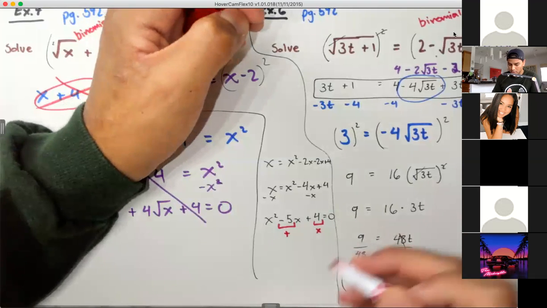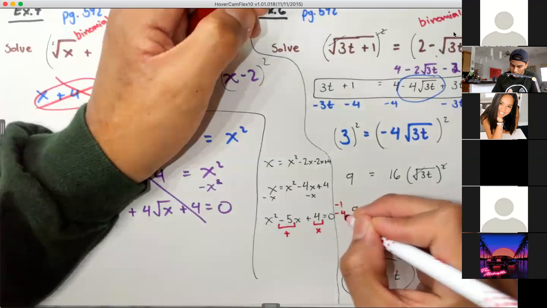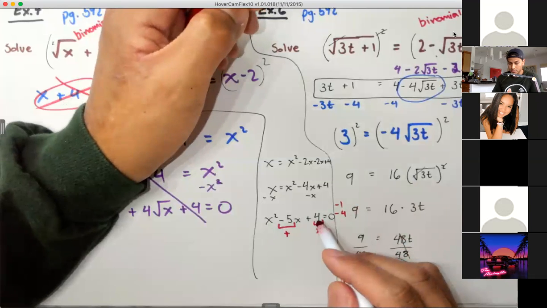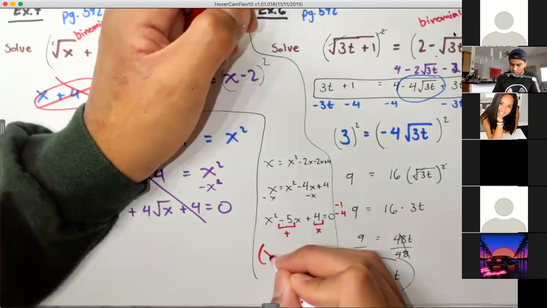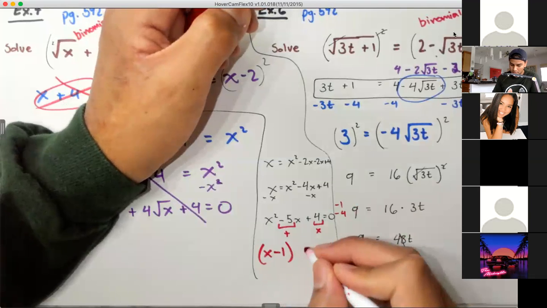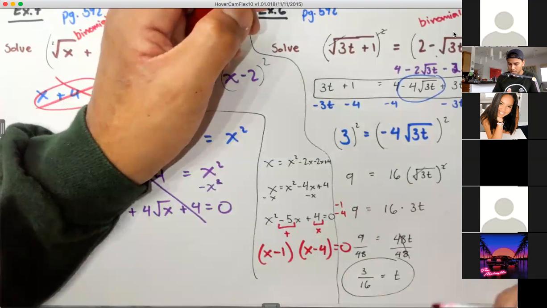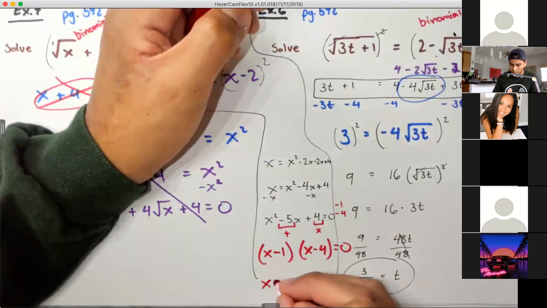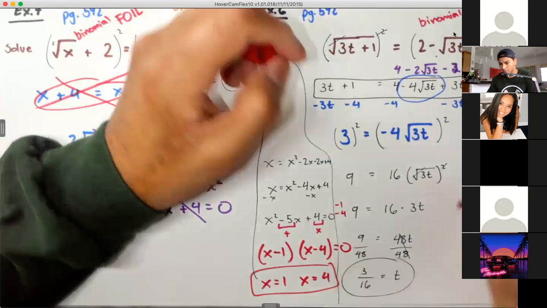So if you have -1 and -4, -1 times -4 is going to equal 4, and -1 plus -4 is going to equal -5. So you just have x minus 1, x minus 4 equals 0. You solve, and you realize that x equals 1 and x equals 4. Those are your final two answers.